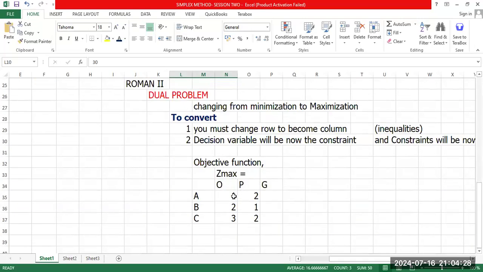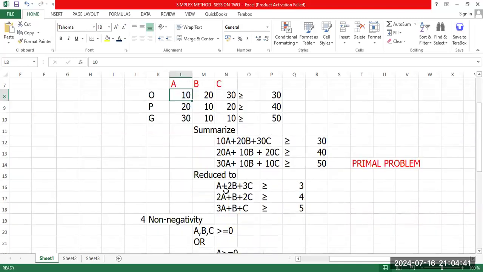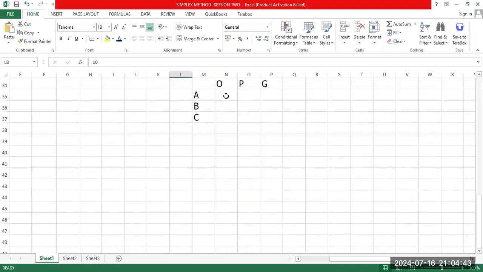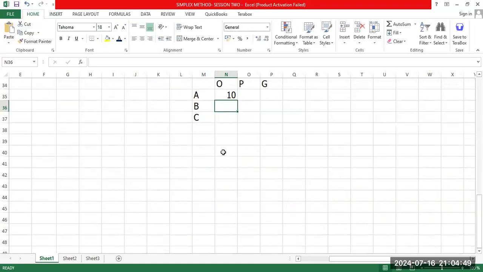Colleagues, let's write. Let's not reduce here. Let's write the way these figures are given. This is 10, 10, 20, and 30.